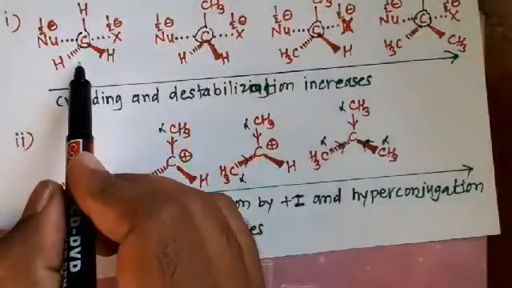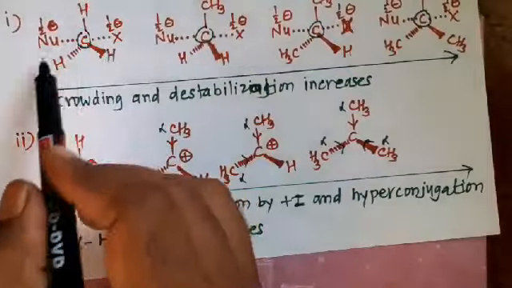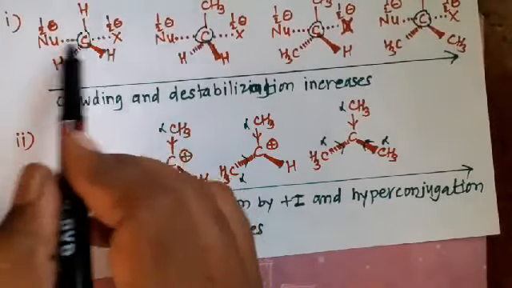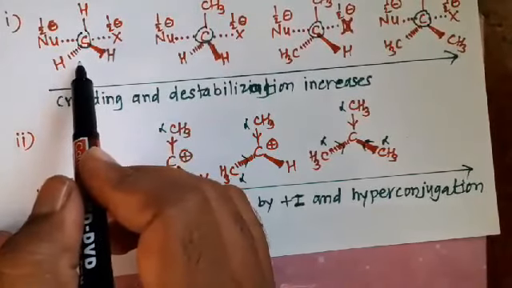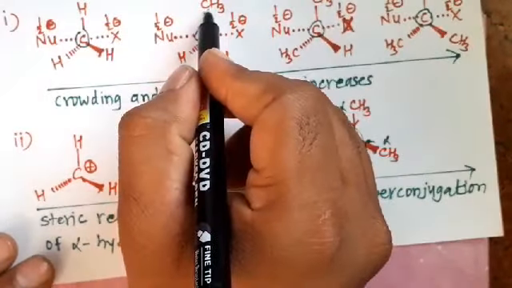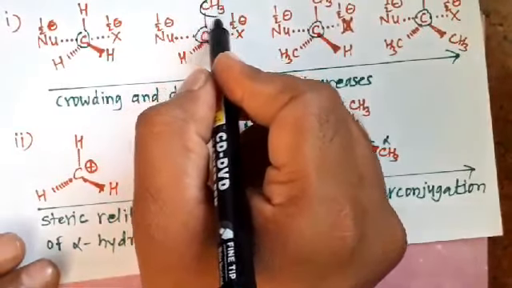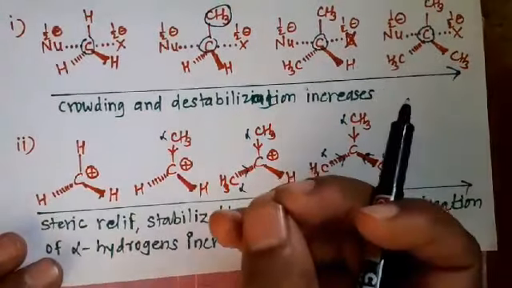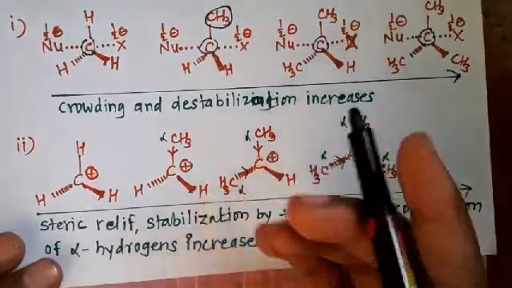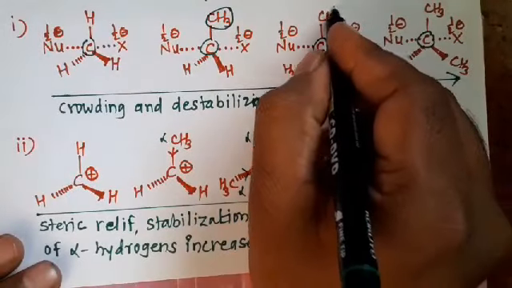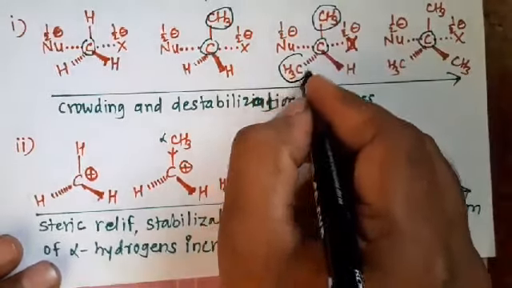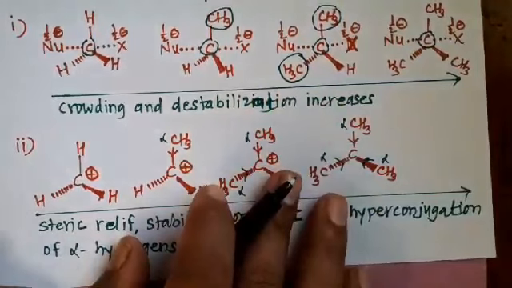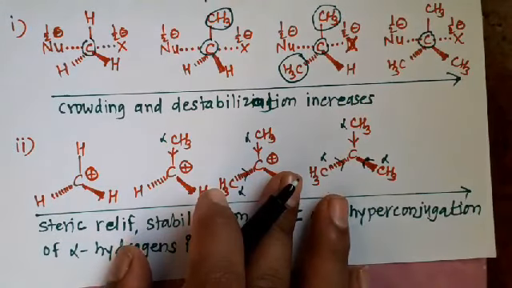Here in the first structure all are hydrogens, means steric crowding is less, but in the second structure there is one CH3 group and crowding increases a little. In the third structure there are two methyl groups, means the steric crowding increases more than the previous two structures.